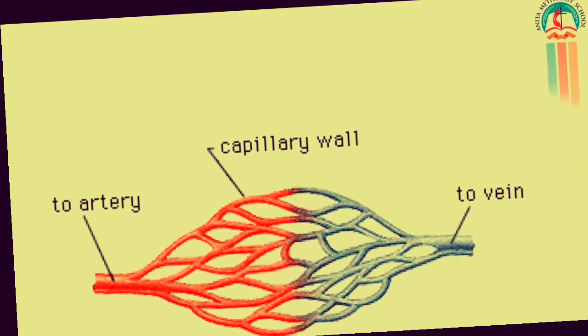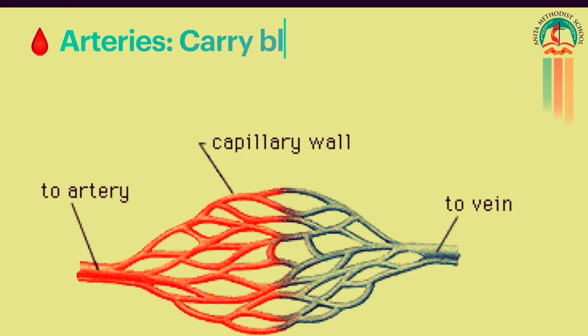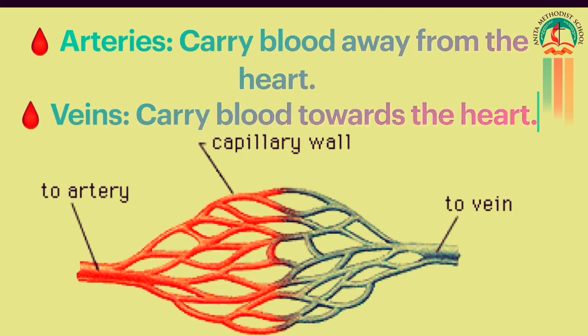Okay. The red color vessel is the artery. The blue is the vein. So, what is the source of the artery and vein? Arteries carry blood away from the heart and veins carry blood towards the heart.